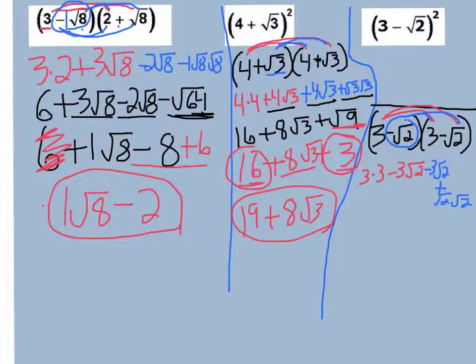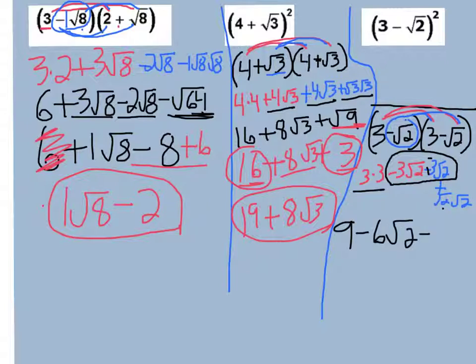I ended up with a negative 3 square root of 2, and the negative multiplied by a negative is a positive, and I have 2 square root 2's here. Let's simplify. I know that this equals 9, and then I know that negative 3 square root 2 minus negative 3 square root 2 would be keep, change, change. That would give me negative 6 square root 2.